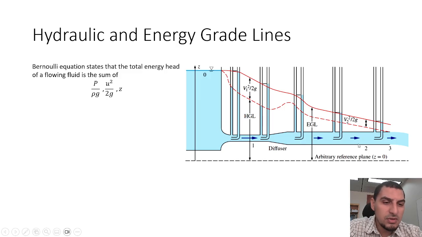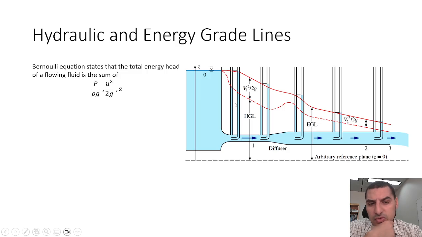And at different points, we have a piezometer and a pitot tube connected to the tube. For each one of them, we can see that the height of the fluid indicates the energy, or the pressure and velocity, as we said before, of the fluid.